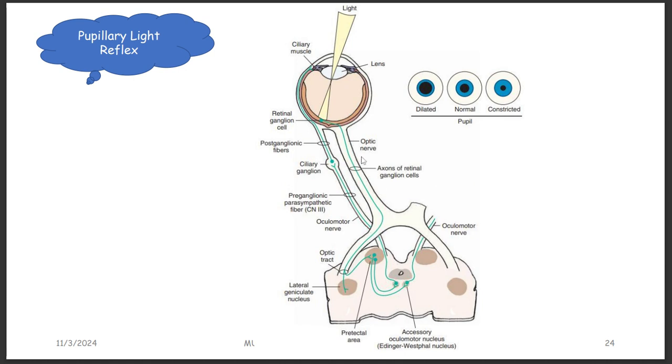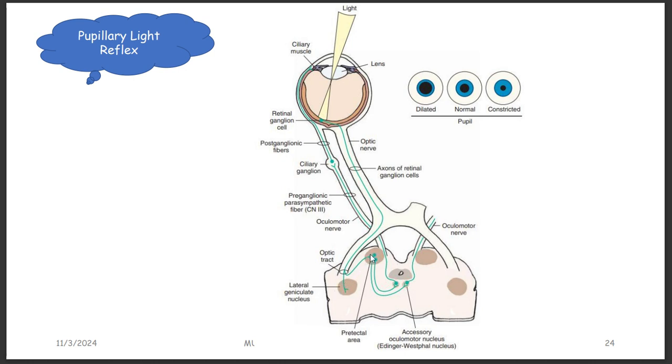Some of the information coming from here is projecting to the lateral geniculate nucleus. But don't forget there is also a bifurcation. The information coming from the other eye, the contralateral one, is also going to come to the lateral geniculate nucleus here.